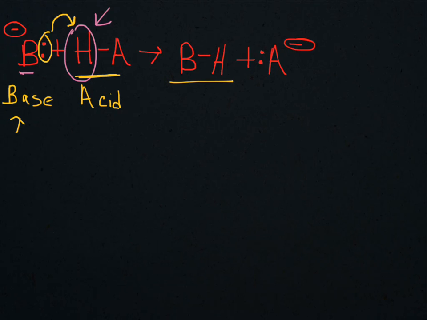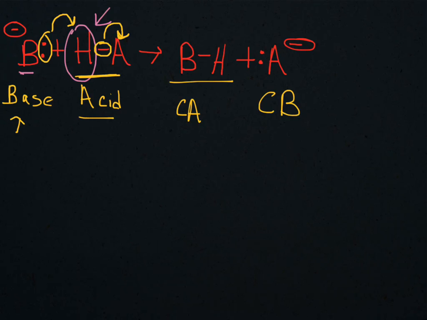Now, these electrons here will have to move back to the A, as shown here, and as a result, the A becomes negative. Now, all bases become a conjugate acid in the product, and all acids form a conjugate base in the products as well.